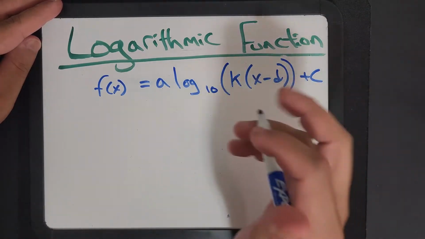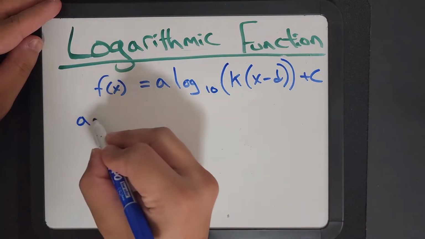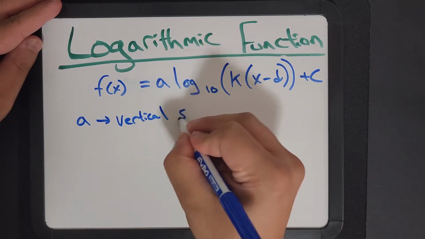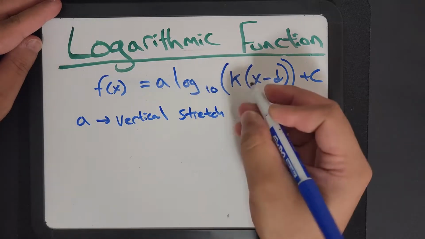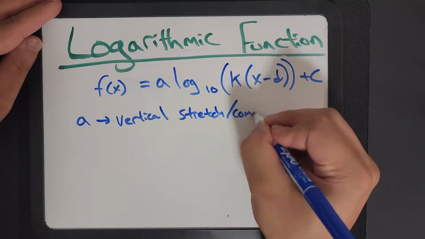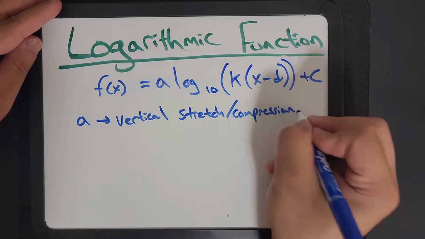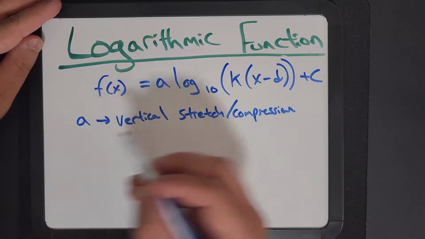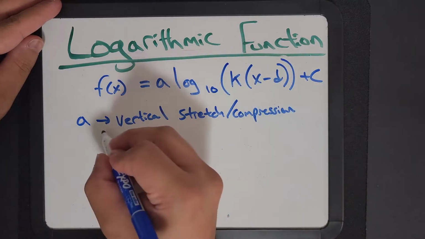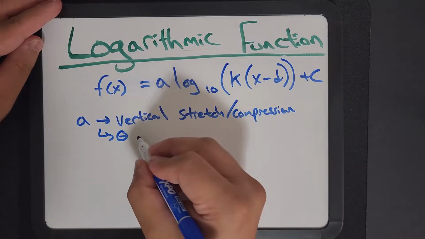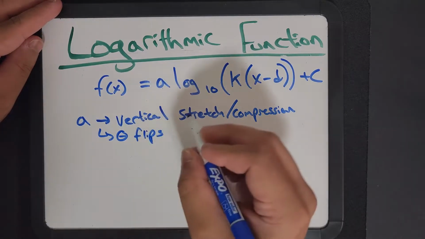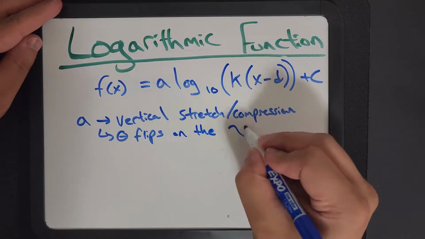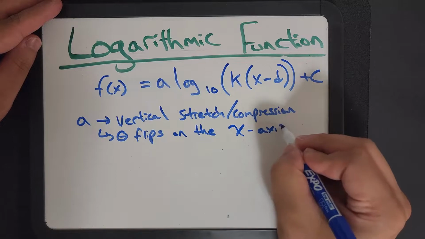So we know that a gives you a vertical stretch or compression, and if it is negative, that means that it flips on the x-axis.